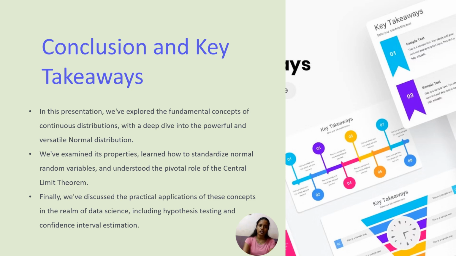Then we saw the applications where they are used for statistical modeling, hypothesis testing, quality control, and financial analysis. Overall, understanding the normal distribution and confidence intervals is crucial for conducting statistical analysis and to make informed decisions or draw conclusions from the sample data.